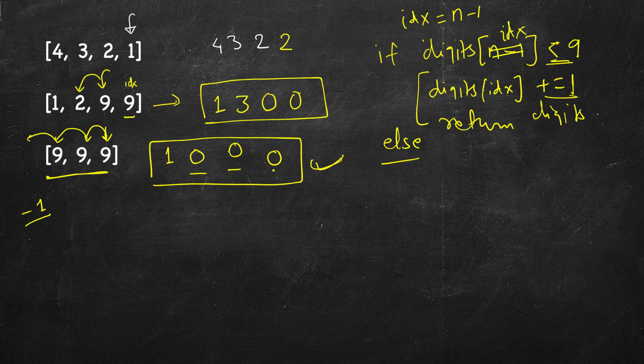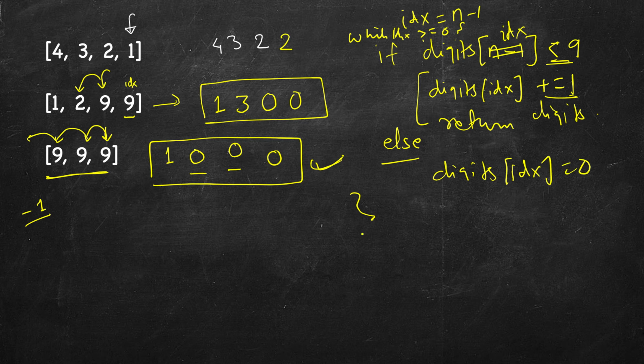So let's write this, and we have not used any carry variable. Here this will continue while idx is greater than or equal to 0. So that's all that we have to do.